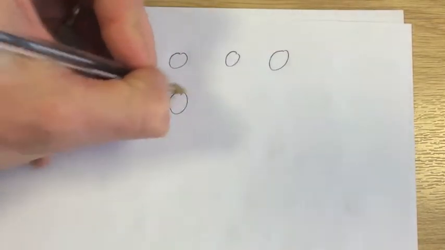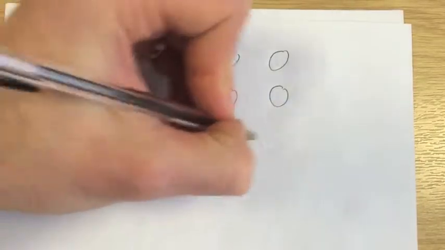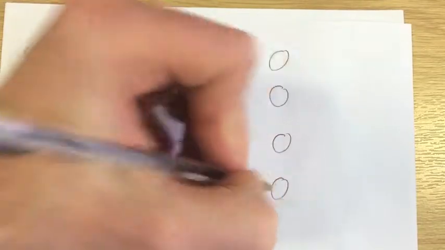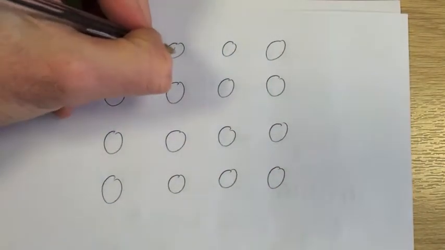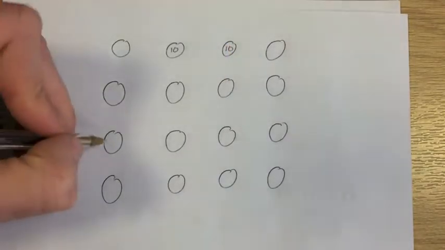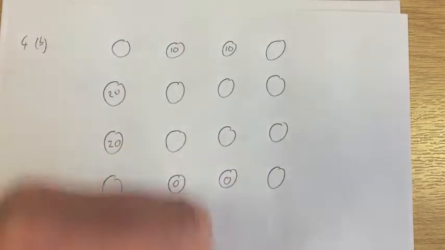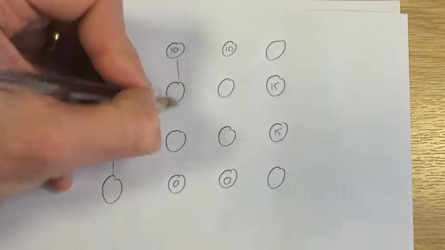We're going to have a 4x4 array of nodes. The temperature at the top is 10, the temperature on the left is 20, the temperature on the bottom is 0, and the temperature on the right is 15. So there's our grid.